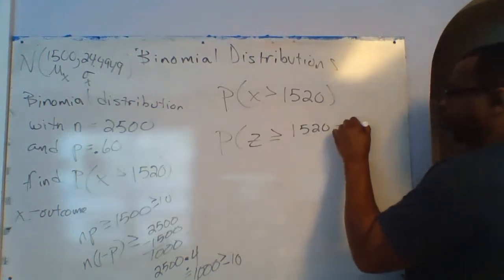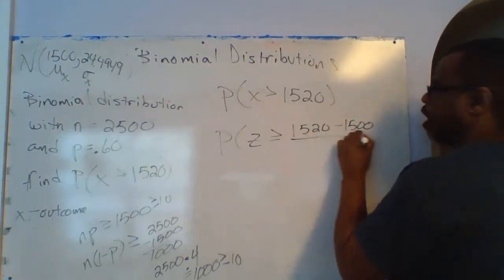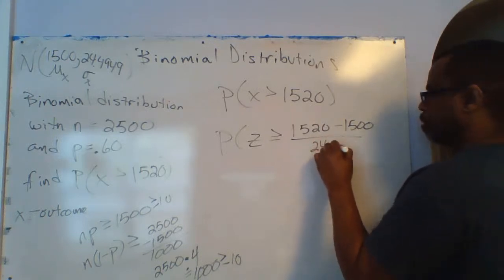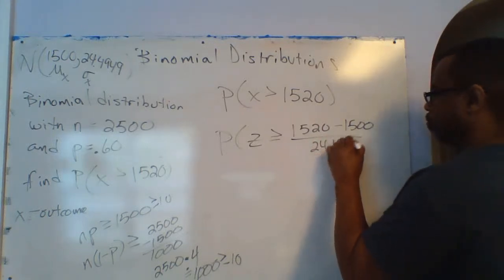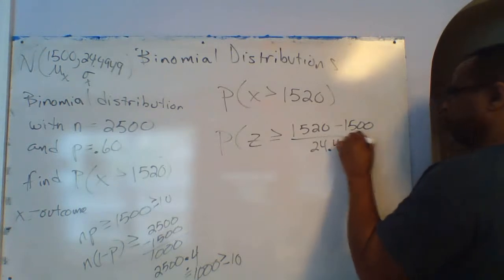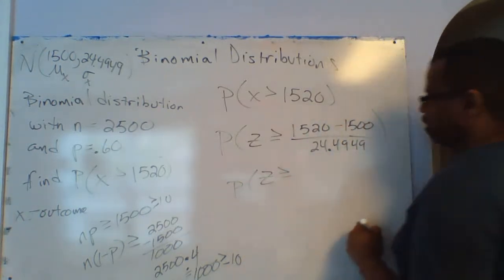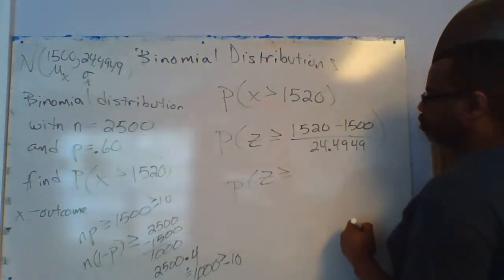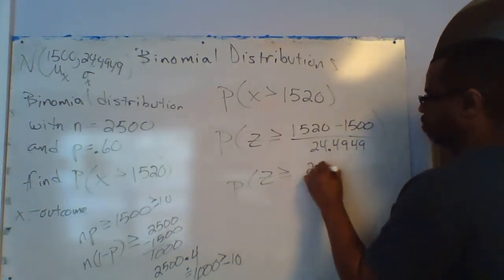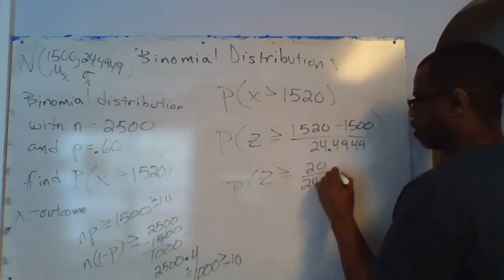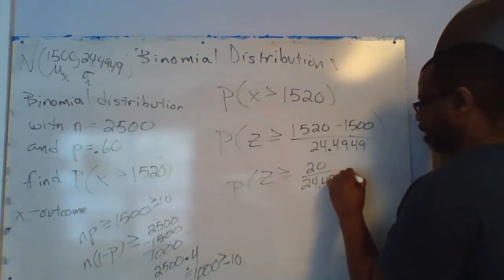Z is greater than or equal to 1,520 minus 1,500, all divided by 24.4949. So that's z greater than or equal to 20 over 24.4949.